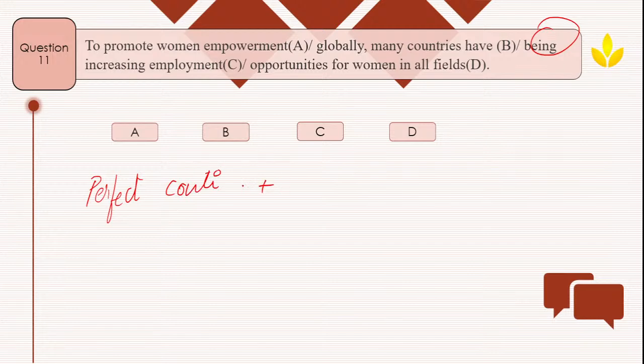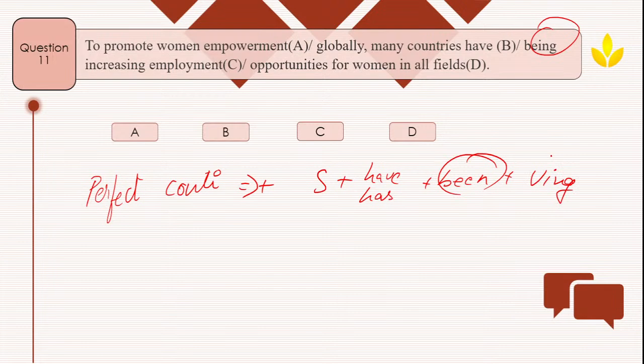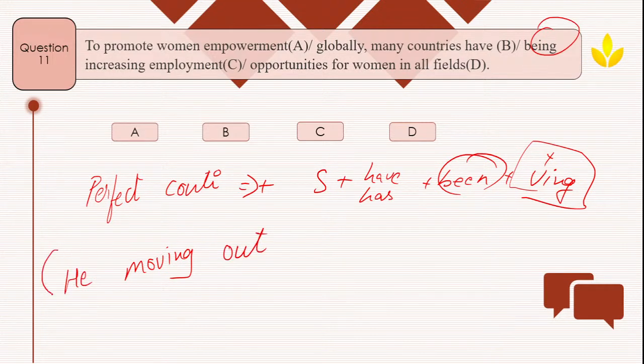So the form will be subject plus have, sometimes has, plus been, plus verb-ing. When you write the verb in continuous form, let's say "he moving out", it does not give the specific time. Only when I use "he is moving out", "he was moving out", can we talk about the time.